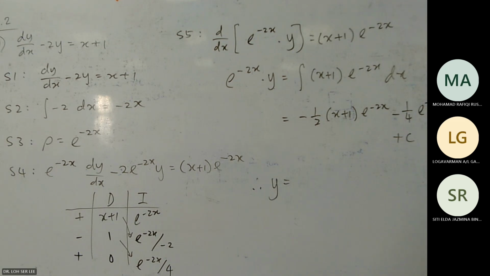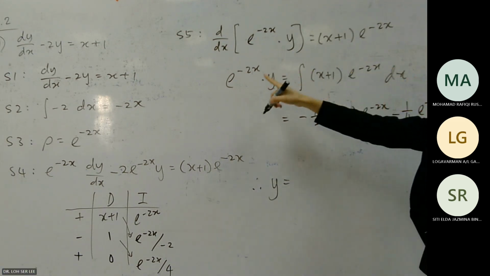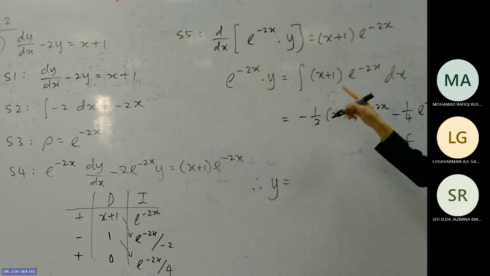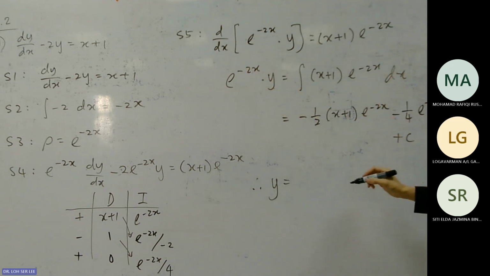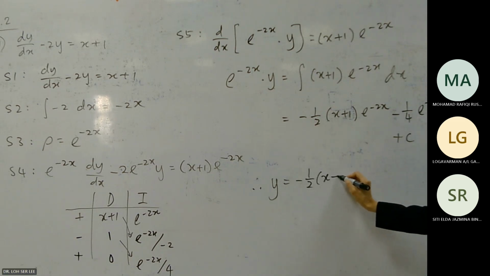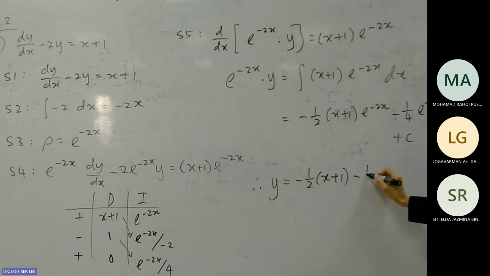And lastly, we want to divide by e^(-x) on the right. Cancel out the e^(-x).